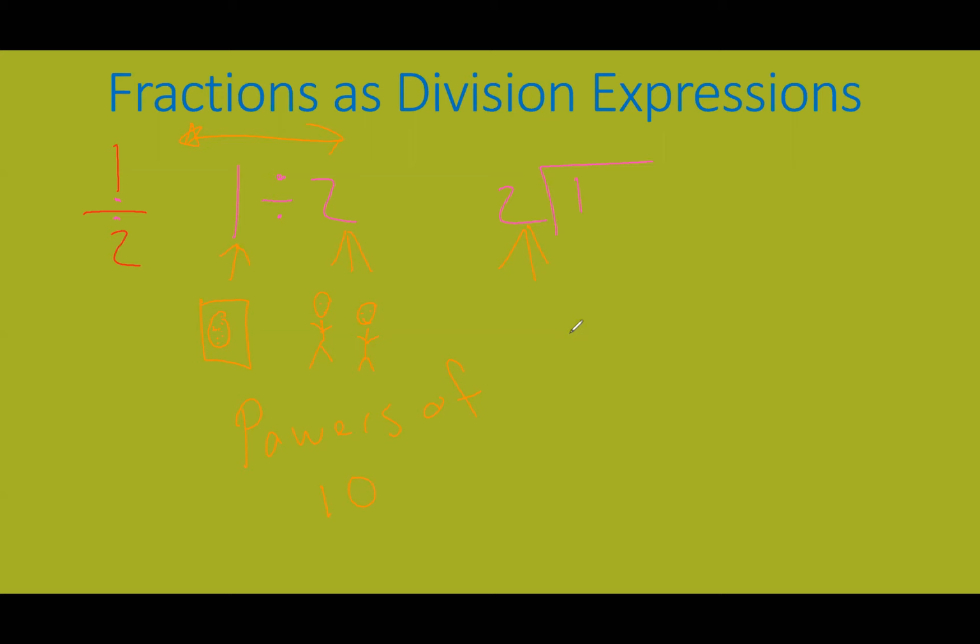So if I have 1 whole, but what if I have 1 and no tenths? That's a power of 10. What if I have no hundredths? There's another 10. That's 100. And then what if I have 1,000th? Do you see how, again, it's a power of 10? 10 times 1, 10 times 10, 10 times 10 times 10.